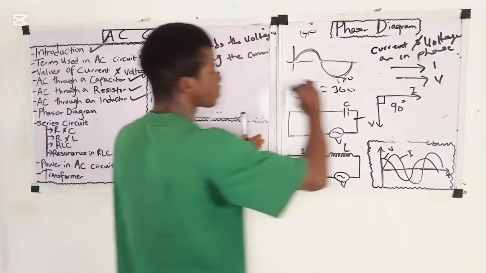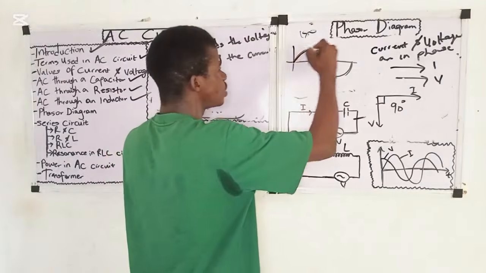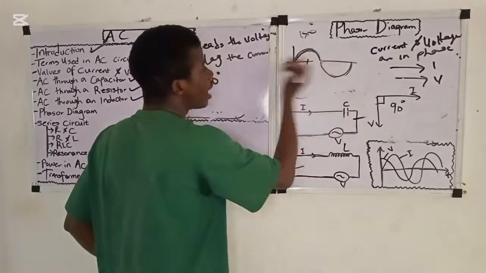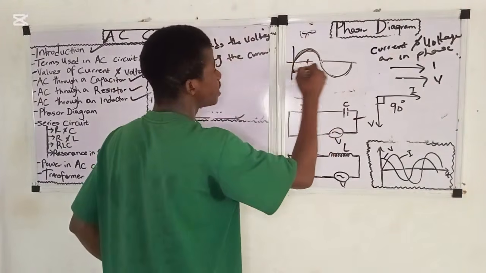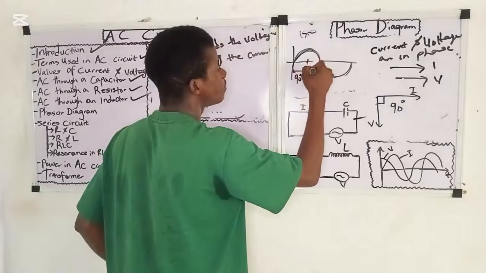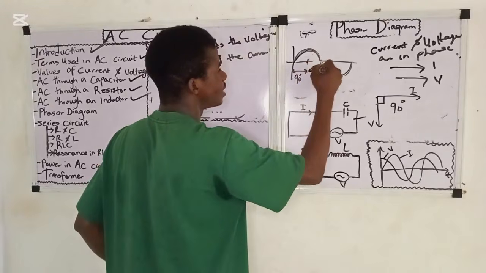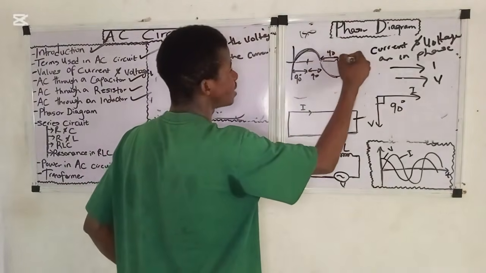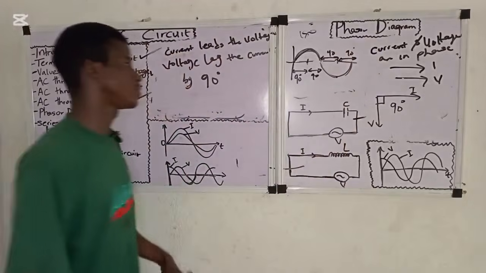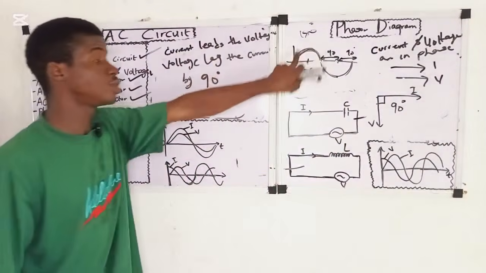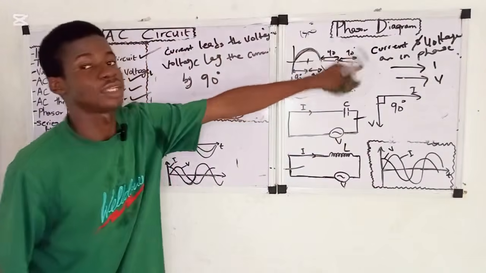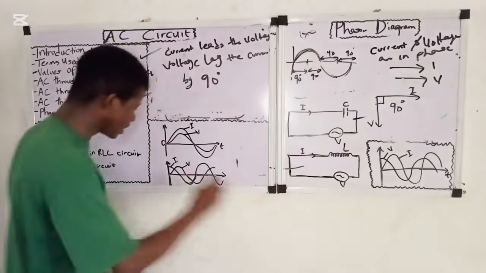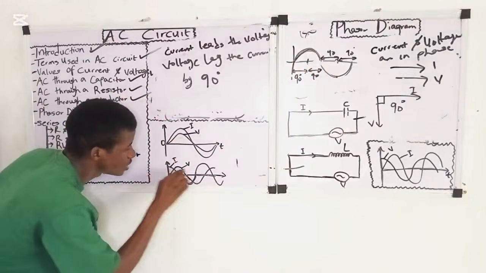Now if here is 180, half of this wave will be 90 degrees, and from here to here will still be 90 degrees. The same goes for this wave: half of 180 gives us 90. Now check this waveform. This is the current, while this is the voltage.